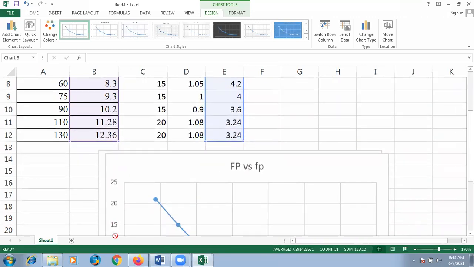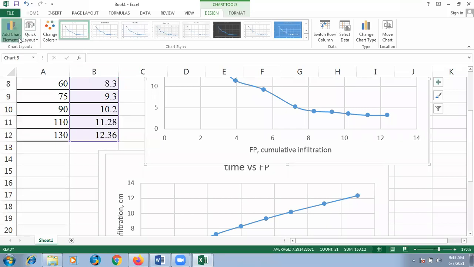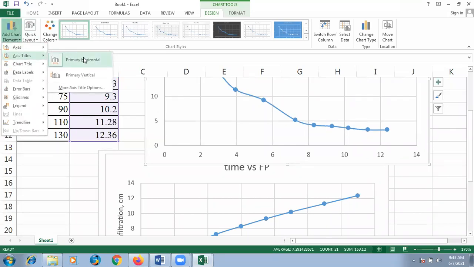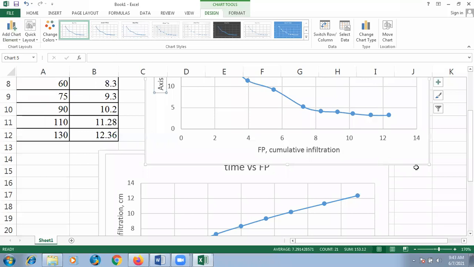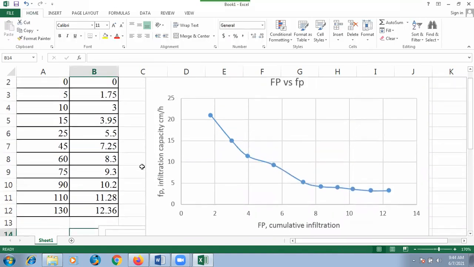Similarly, the vertical axis, you have to show that also in the exam. That is the value of infiltration capacity, small fp, in centimeter per hour. That is also done here.